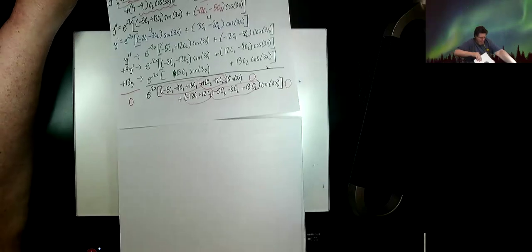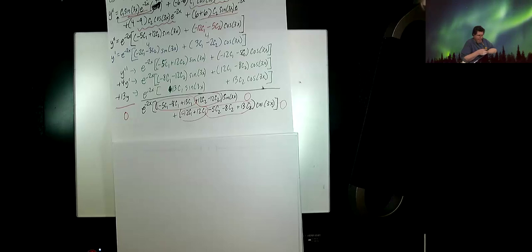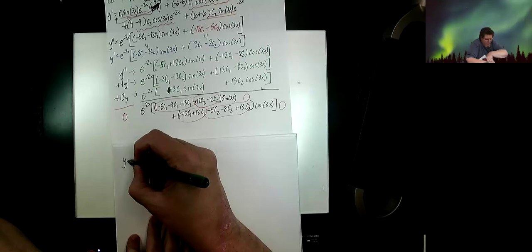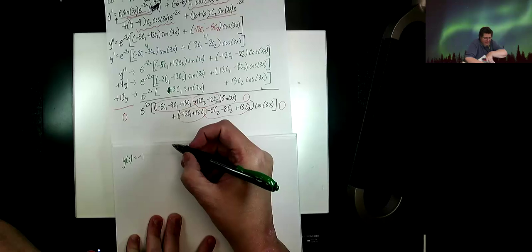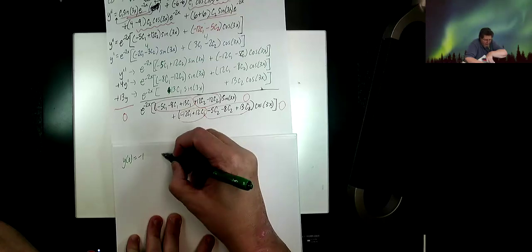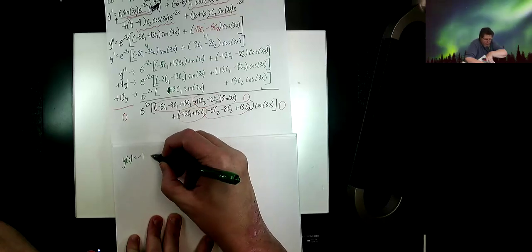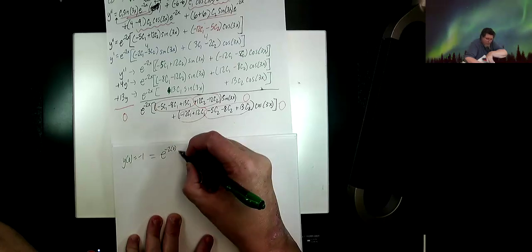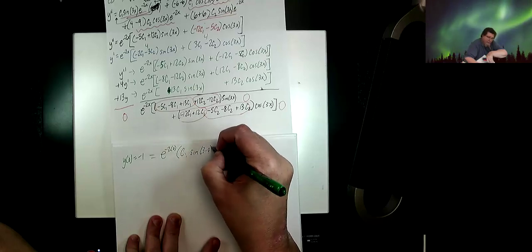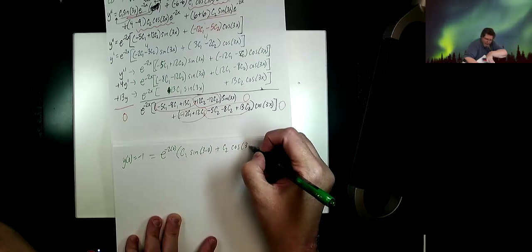All right, we have not finished that though. We need to do the IVP. So y0 equals -1 and y prime is 0. If I stick in -1 for y, I've got -1 equals e to the -2 times 0 times c1 sine of 3 times 0 plus c2 cosine of 3 times 0.